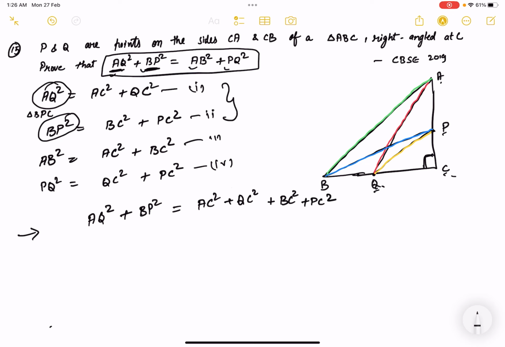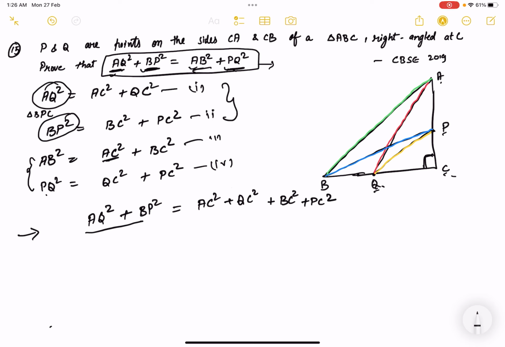On the LHS we have got what we want, and in the RHS we want AB square and PQ square. Let's look at the terms very carefully.